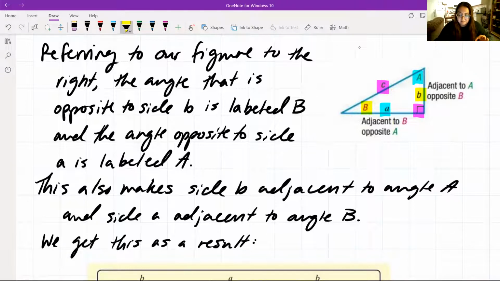We see side B is then adjacent to angle A, and side A is adjacent to angle B. If you're given a triangle and you're told what sides are which, it's fairly simple to decide which one's going to be adjacent, which isn't. But as a standard practice, this is kind of where we go from.